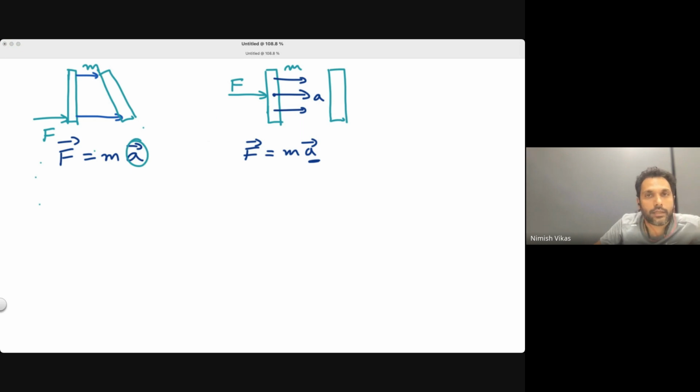Yeah, it is for the center of mass. So wherever you apply the force, the acceleration it creates, which is given by this equation F is equal to ma, talks about only the center of mass and nothing else.